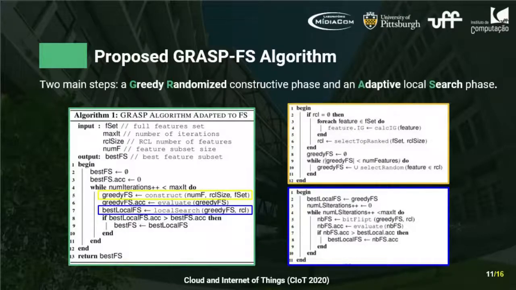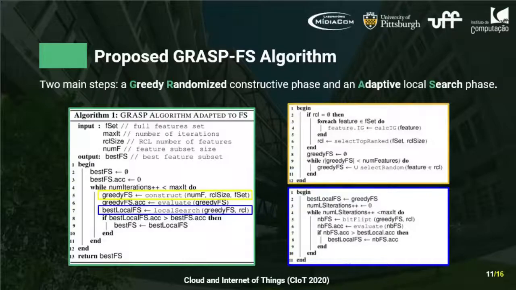In each construction phase, we will select part of this RCL in a random way to compose an initial solution. For example, we will have 5 features as a result of line 5, and after that we will evaluate this feature subset based on a classifier algorithm, and after that we will perform the blue box algorithm, that is the local search. In the local search, we will try to improve the solution generated in the greedy constructive phase.